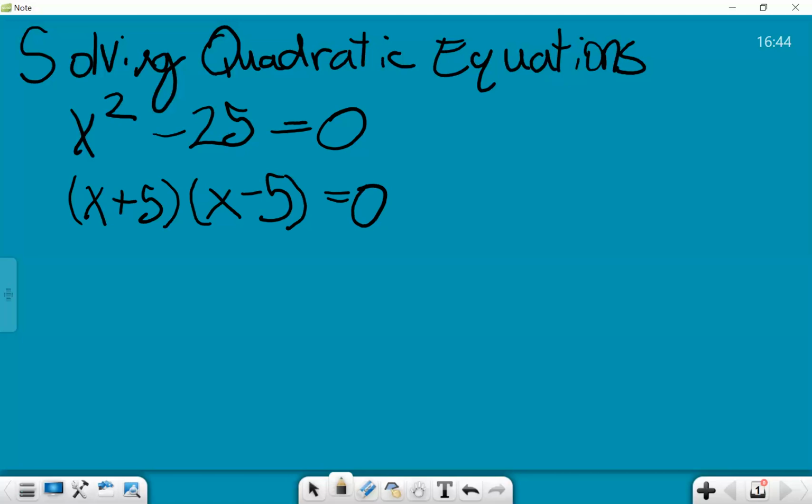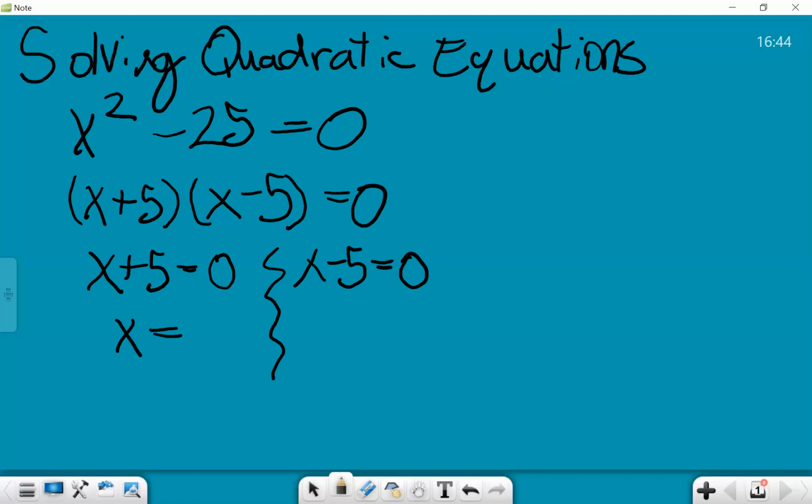And then we would solve because this is a product, so we would use what's called the zero product property. We would set each of these factors equal to 0. So x plus 5 equals 0, and x minus 5 equals 0, and we would get two solutions.